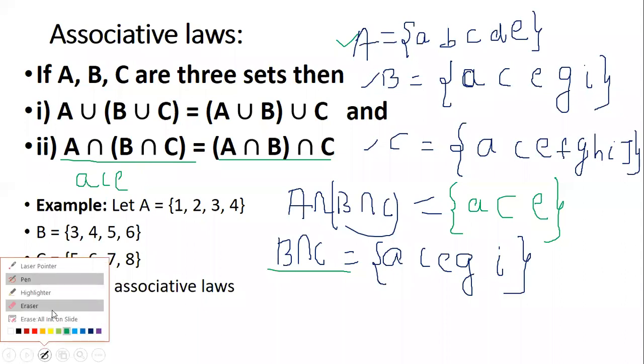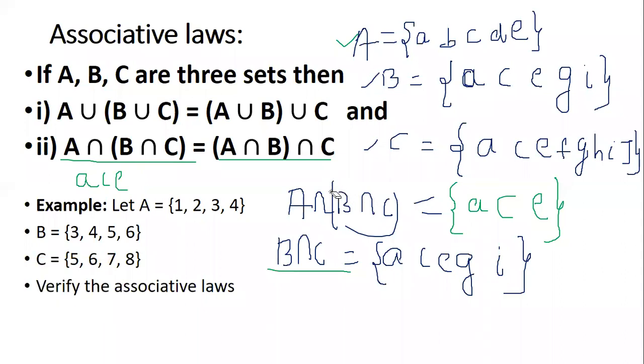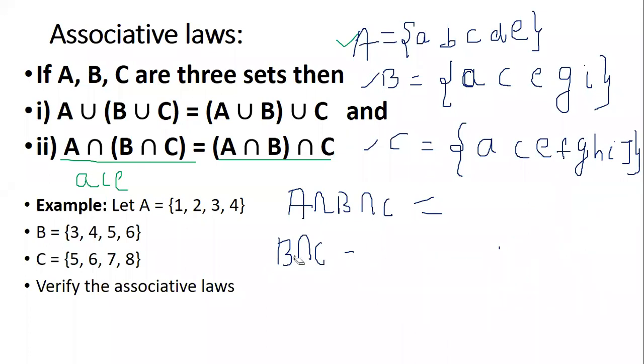Now let us solve the other part, (A intersection B) intersection C. Here the bracket will be on the other side. Now what is A intersection B? A intersection B is A, C and E. Very good.